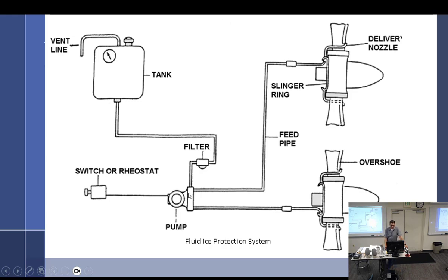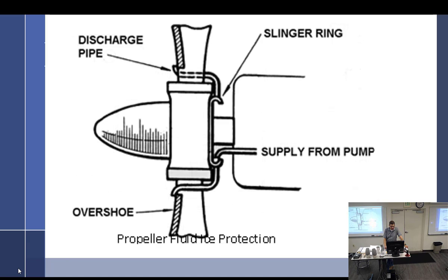And this is kind of the cool part. The pump is going to inject it into this cup, which is like a Frisbee with a lip on the back. The slinger ring is spinning around as part of the prop, but the supply is not spinning because it's part of the airframe.